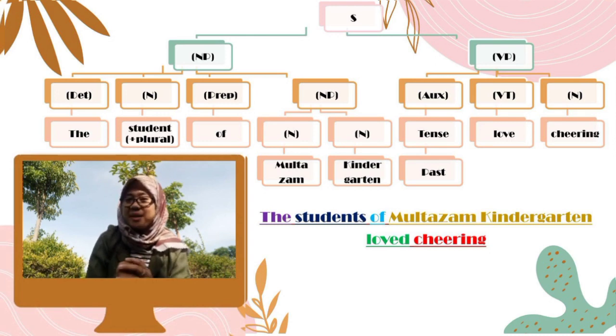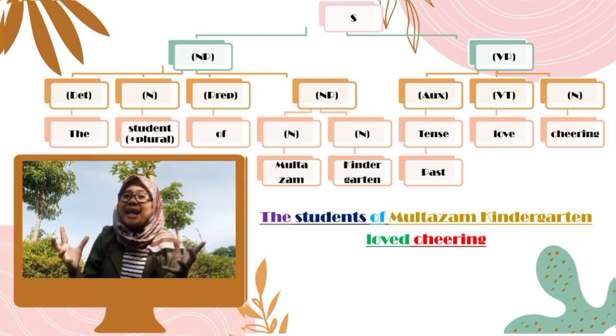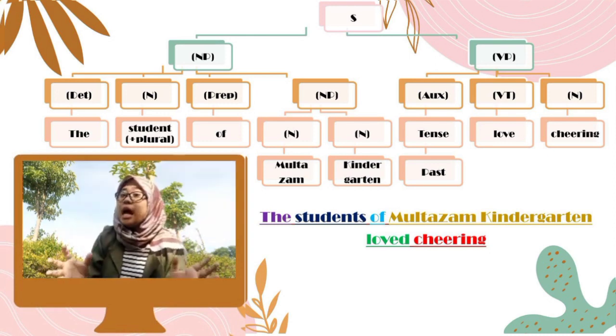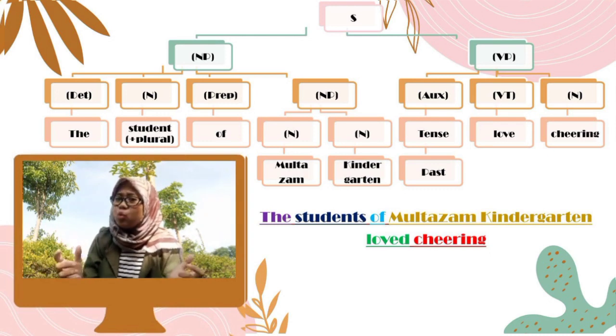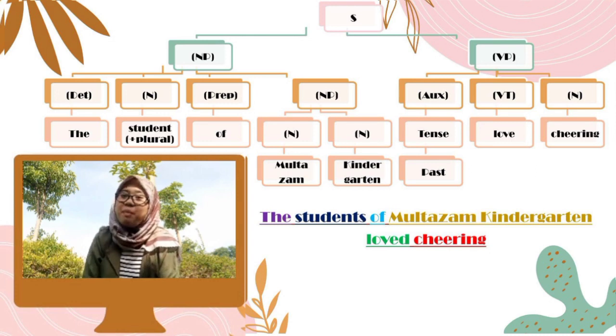The aux shows the tense used in the sentence. The tense is past tense. Since we already show the tense used is past tense, we just put the transitive verb love without adding the d behind. And the word cheering is a noun. Why is it a noun? Because it's made of a modified verb by adding the gerund ending, so it becomes a noun.